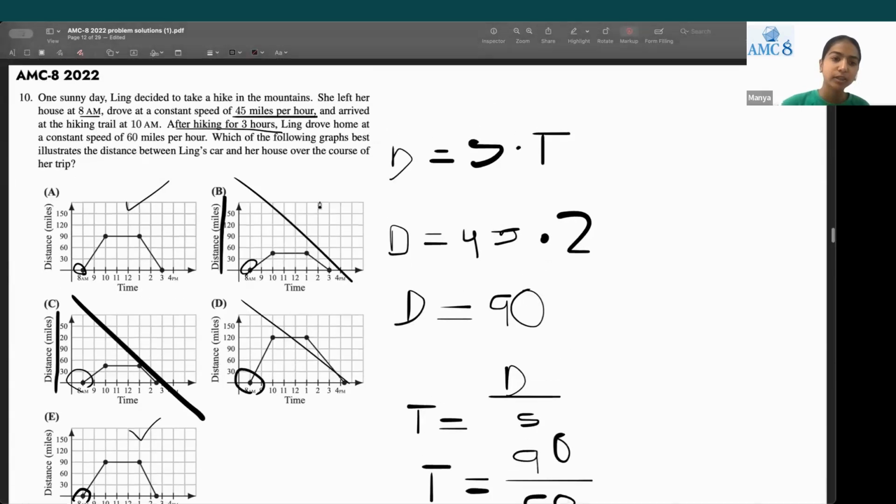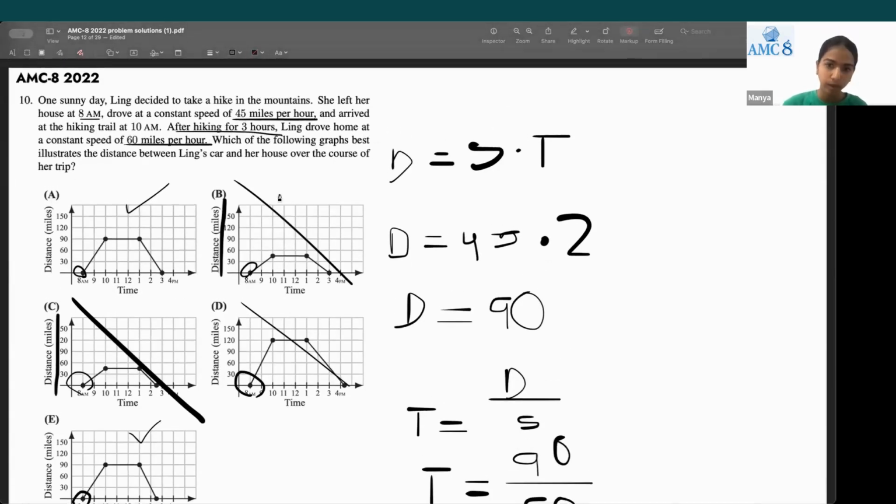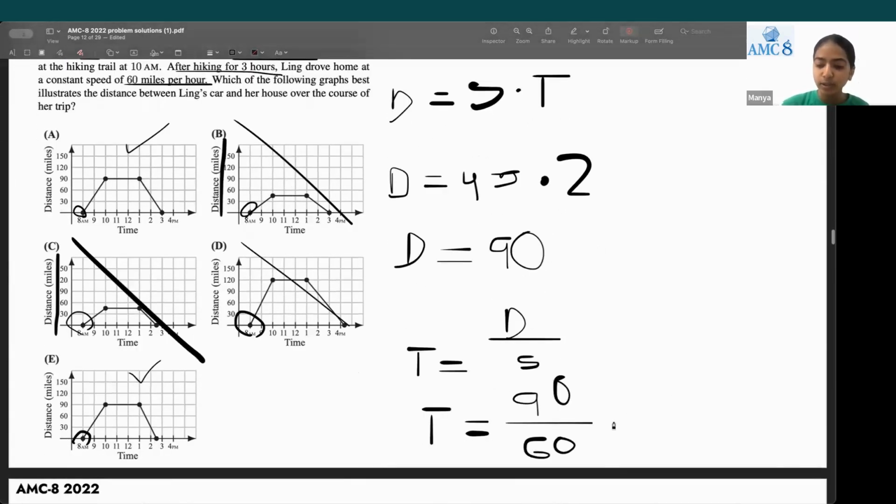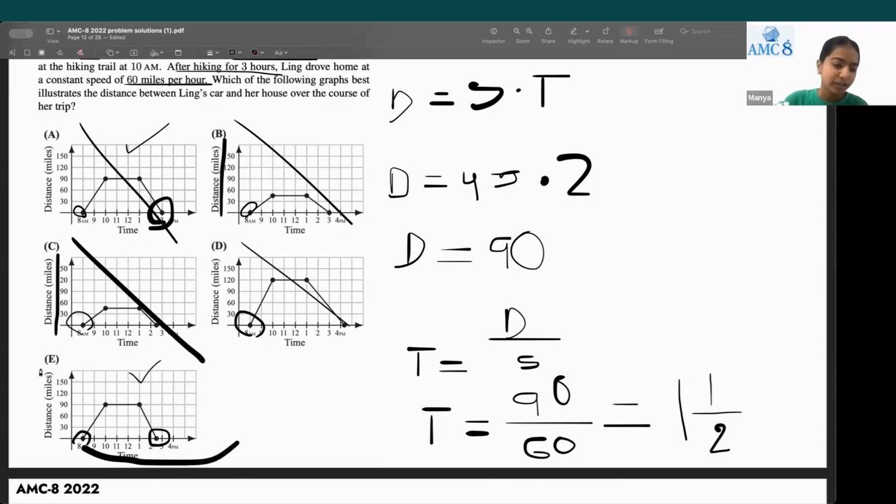And once again, they showed us the speed right there, 60 miles per hour when going back. So 90 over 60 is equal to 1.5, so 1 and 1 over 2. That means she took 1.5 hours to go back home. So 1.5 hours from 1 is going to be 2:30. Which one of these shows 2:30? This one shows 3, and this one shows 2:30. And so A cannot be the answer, and that's how we got our answer choice E.